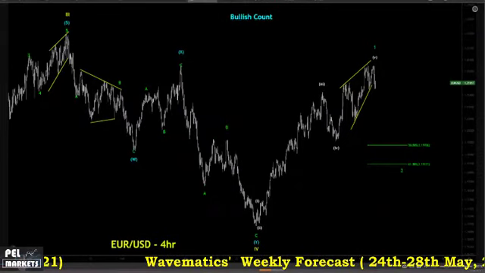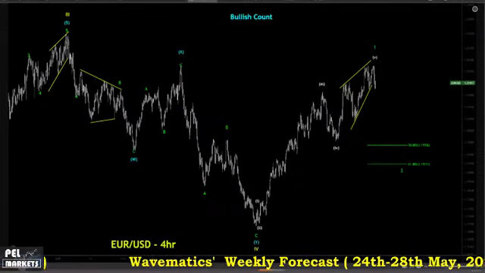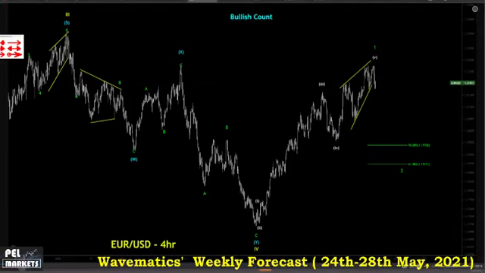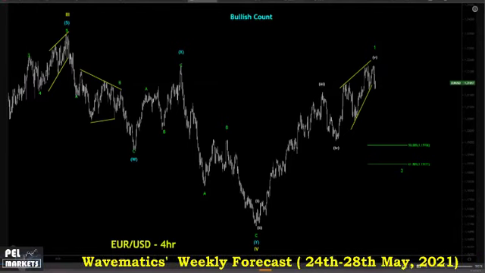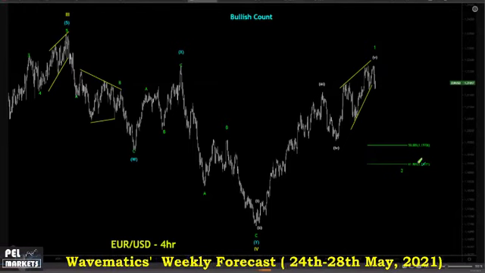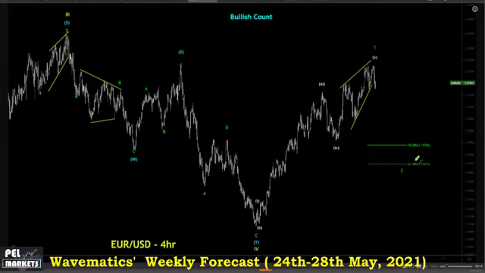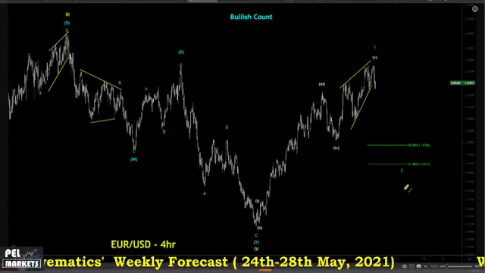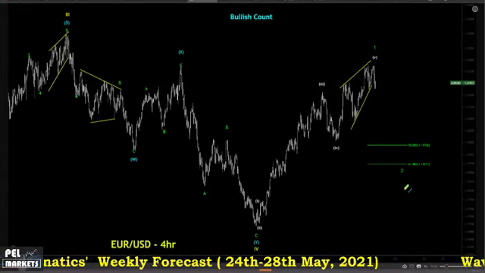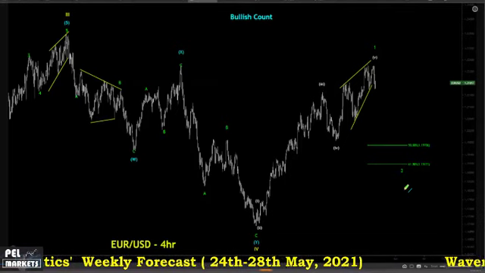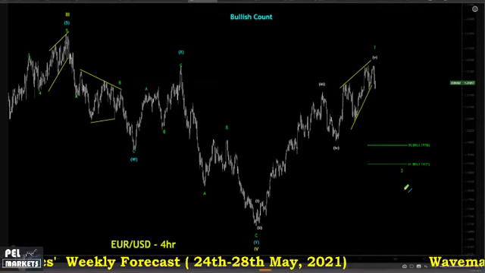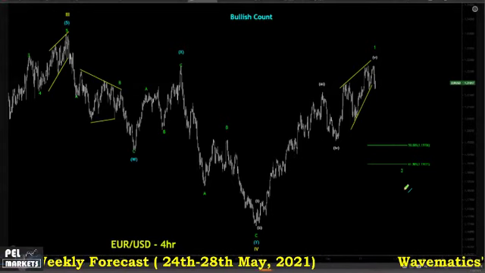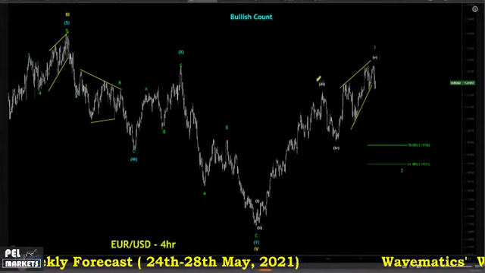We'll be trading it in bits, to first look at once we get into the 50 to 61.8 zone, then we look at price reaction to that zone. Once we break through it and look at the price action that we gain, that is where we are going to decide whether price is going to be bullish. But as it stands now, both our bullish count and our bearish count are suggesting that we are coming down before either an upward move or a trend continuation.